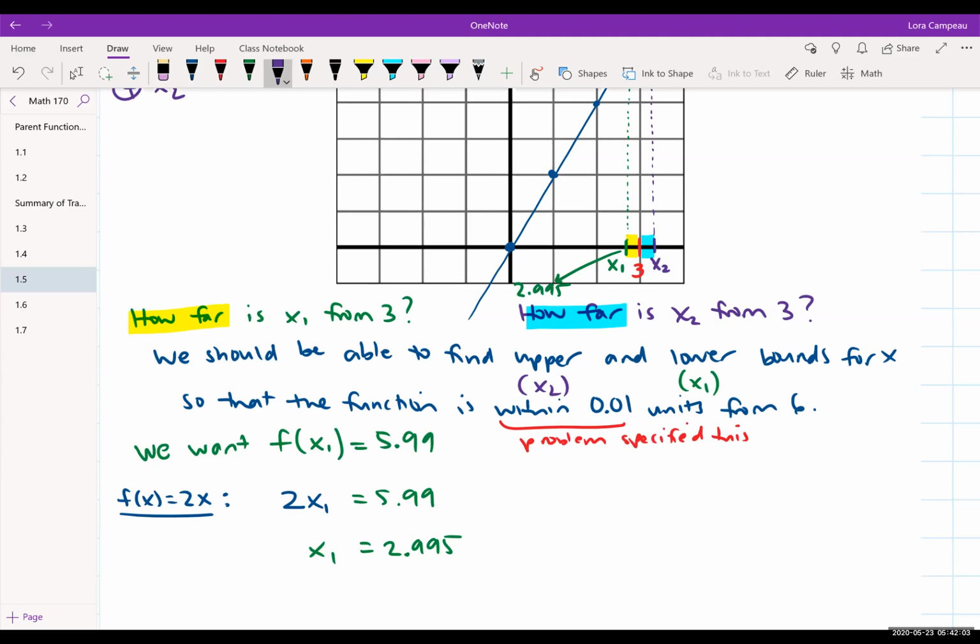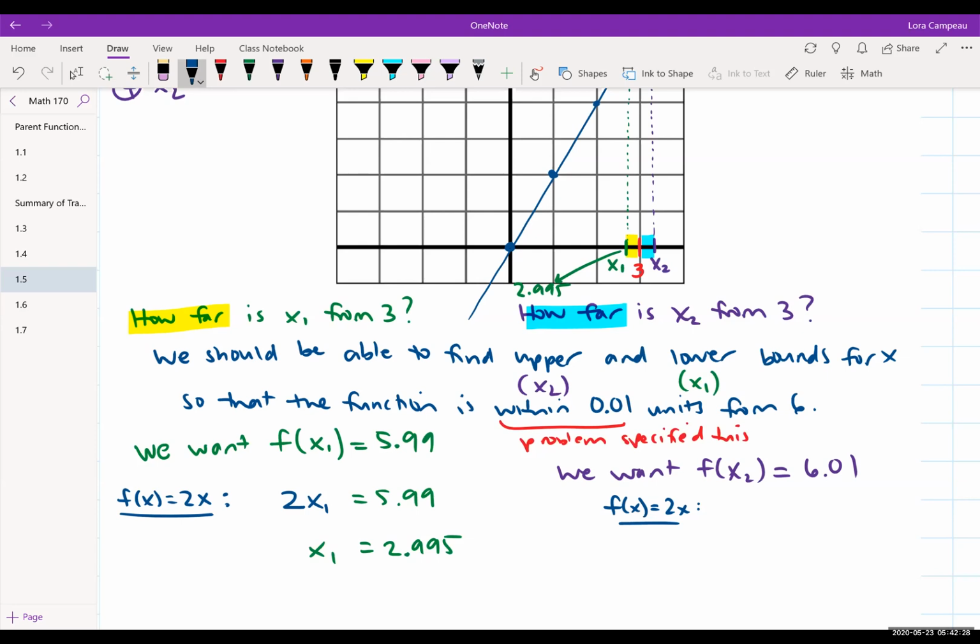Okay, so we can do this similarly for the other part. We also want the function evaluated at x2. We already know its y value to be 6.01. So our job is to figure out that x2 value. We're going to use the same idea with the function notation. They already defined our f of x to be 2x.